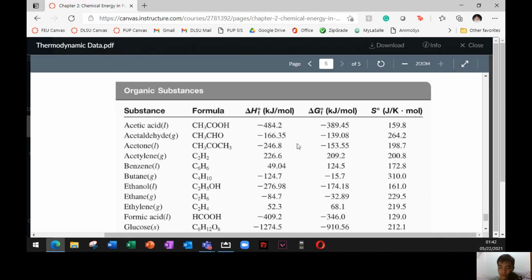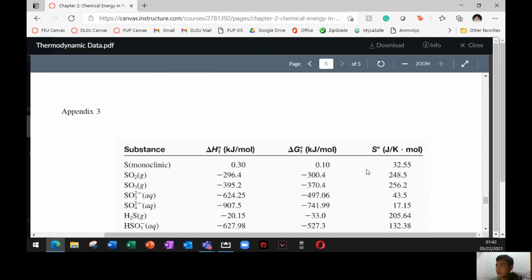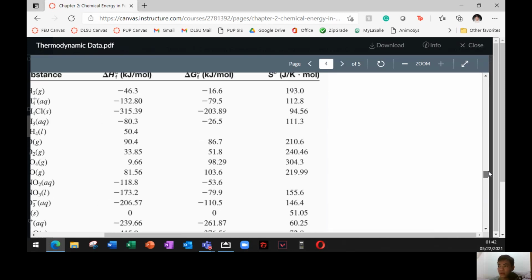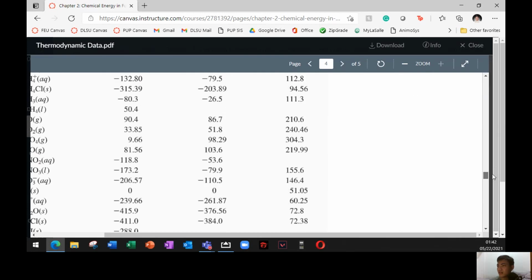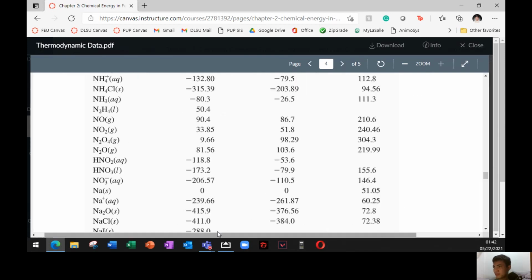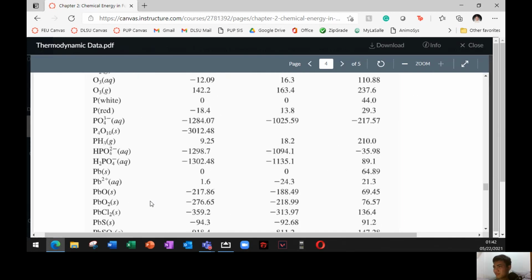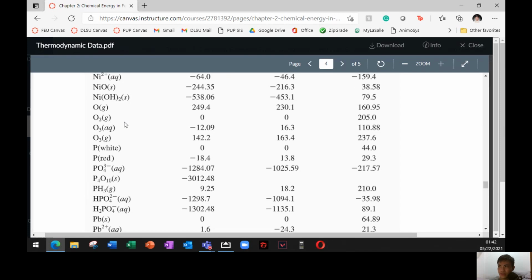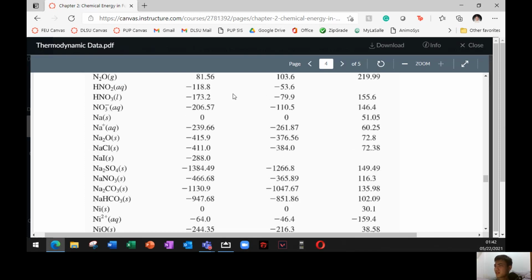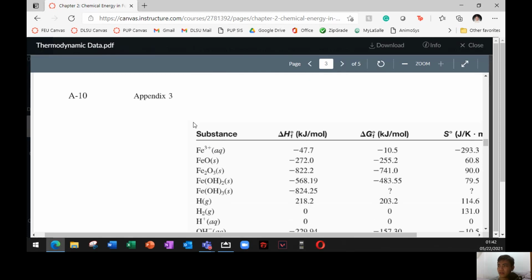Okay. So, oxygen, kailangan din natin. Nasa problem yun eh. Oxygen. So, oxygen gas, 0 daw. And then we have carbon dioxide, delta GF of CO2. Hanapin ang carbon dioxide.